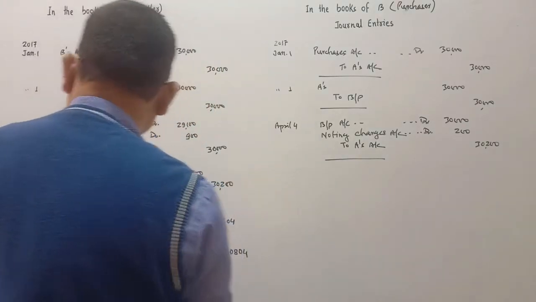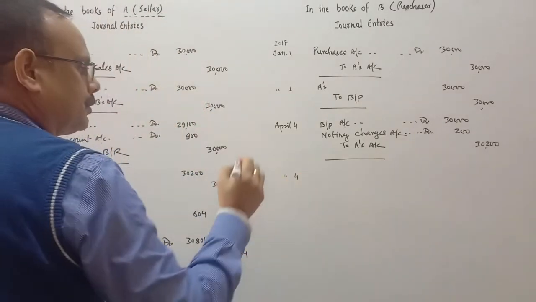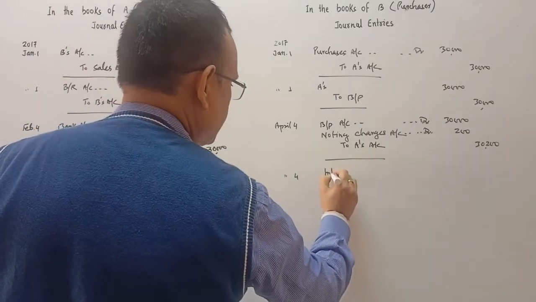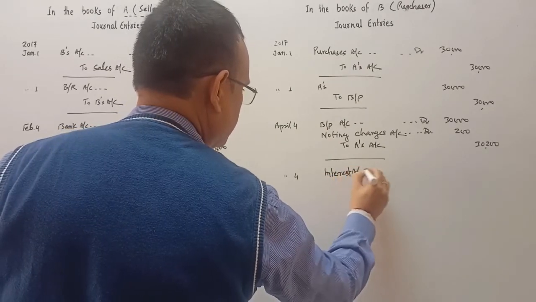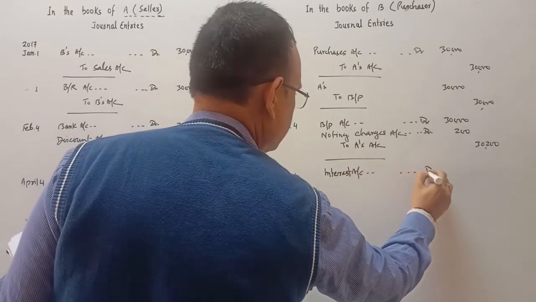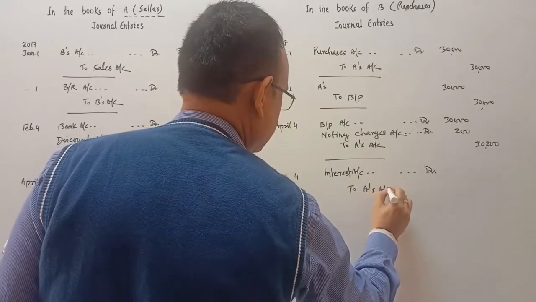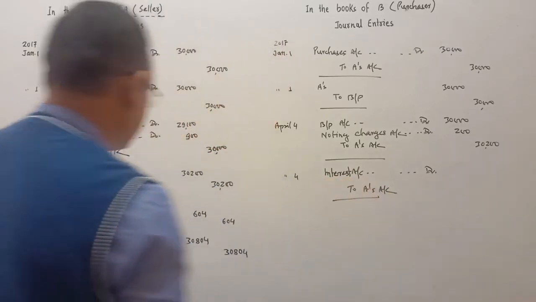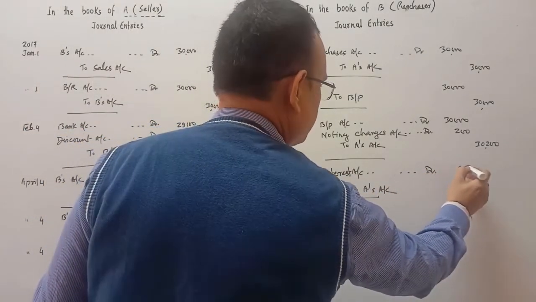Next, the renewal of the bill process starts. For him interest is the expense. So he will write interest account debit to A's account. Interest we have already calculated: 604 rupees is the amount of interest.